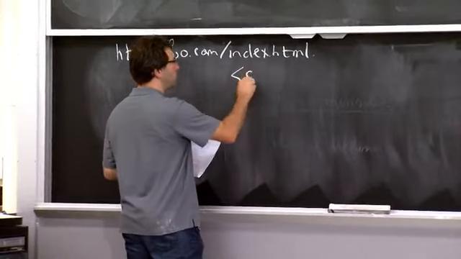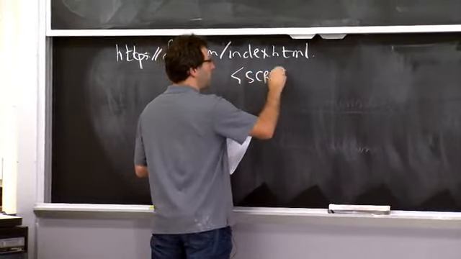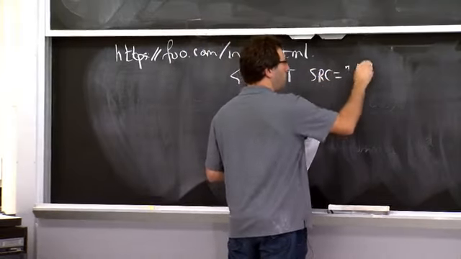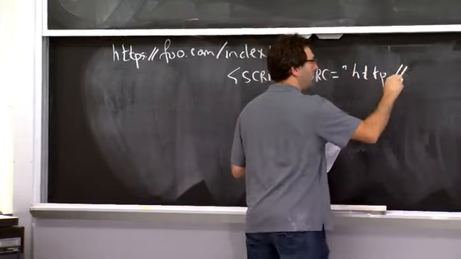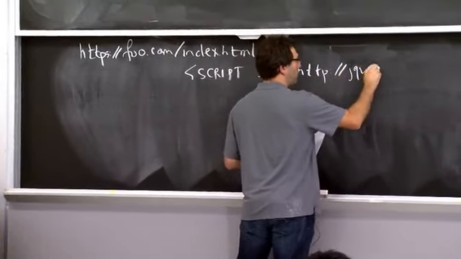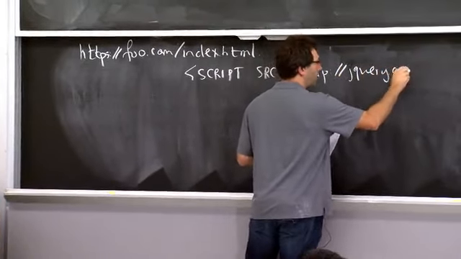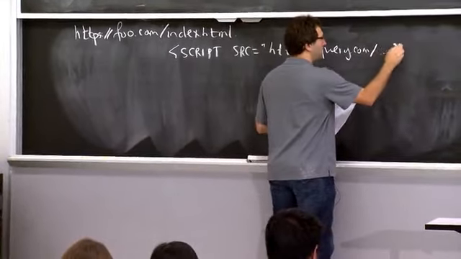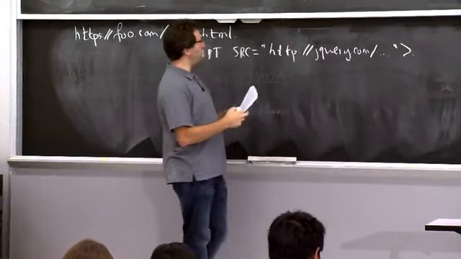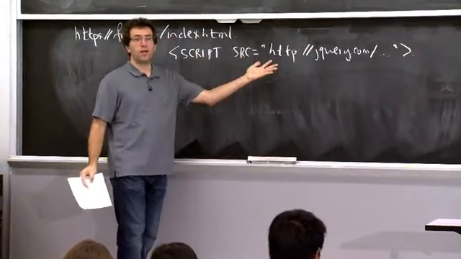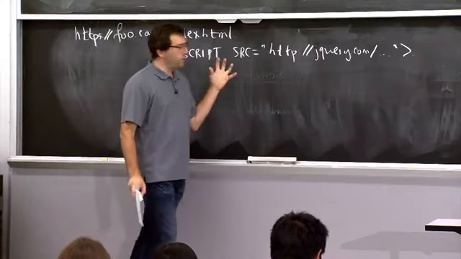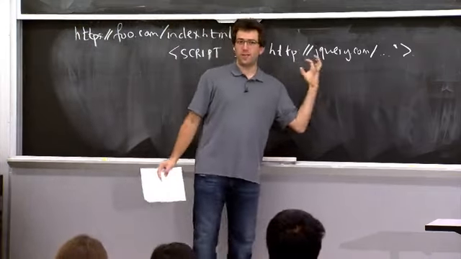The easiest thing to think about is probably script tags, where you can say script source equals http://jQuery.com. This is a popular JavaScript library that makes it easier to interact with lots of stuff in your browser. But many web developers just reference a URL on another site like this. So this should be fairly straightforward, but what's the problem with this kind of setup?